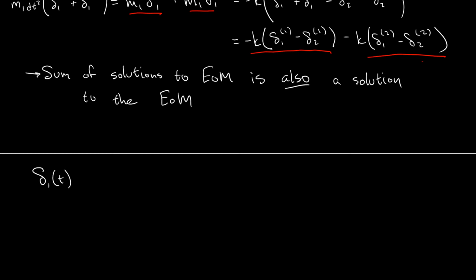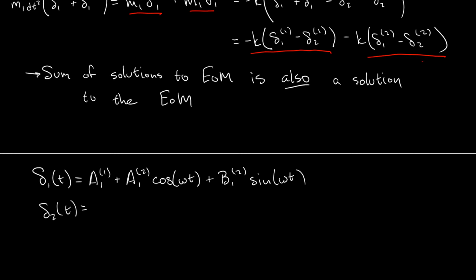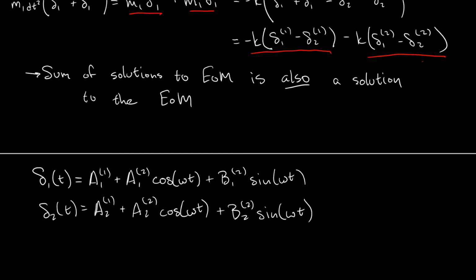I'll just call this total delta 1, which is going to be a1 1 plus a1 2 cosine omega t plus b1 2 sine omega t, and delta 2 t equals a2 1 plus a2 2 cosine omega t plus b2 2 sine omega t. So these are my solutions.